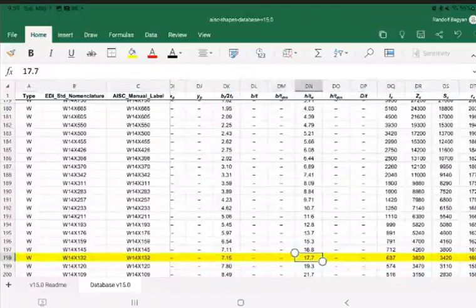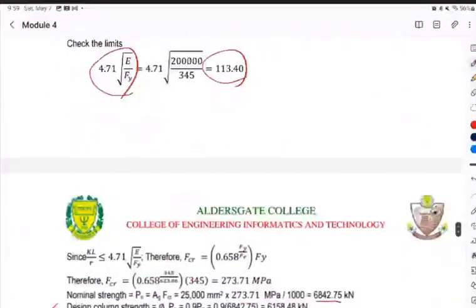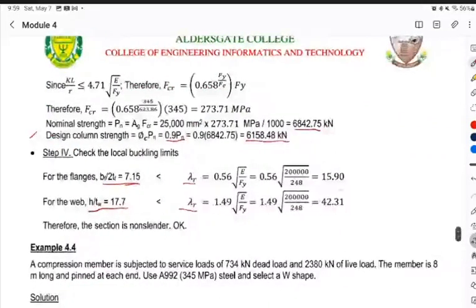So, hindi ka mahihirapan maghanap niyan. Okay? 7.15 and 17.7. Okay? And then you compare it with lambda r. Okay, that's 15.9 and 42.31.